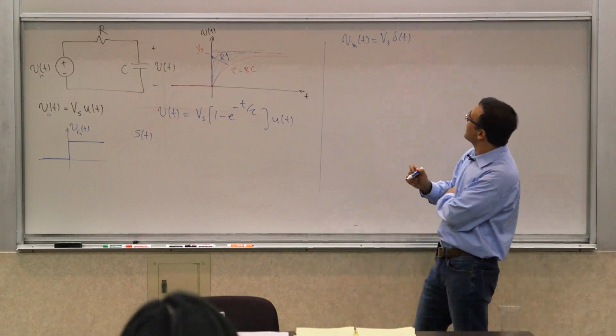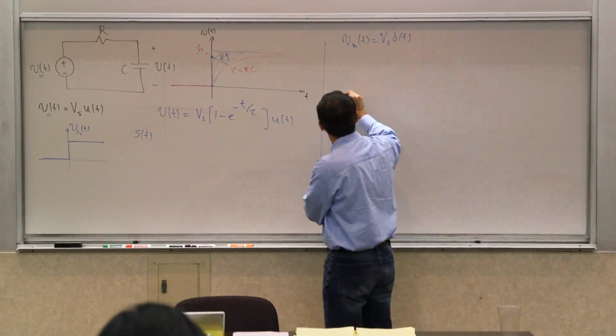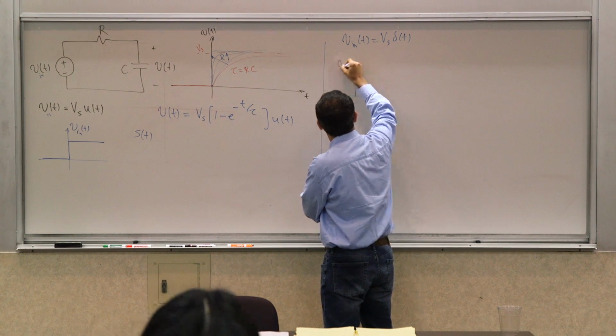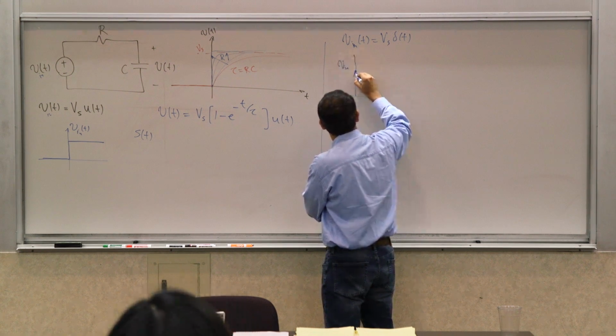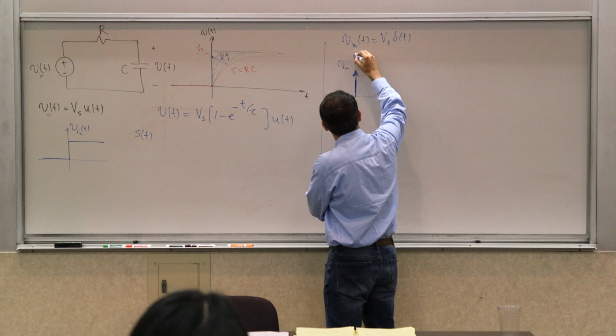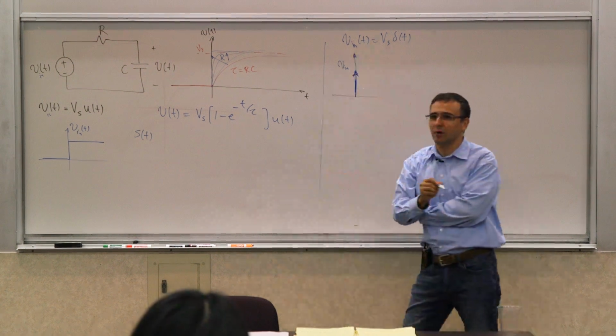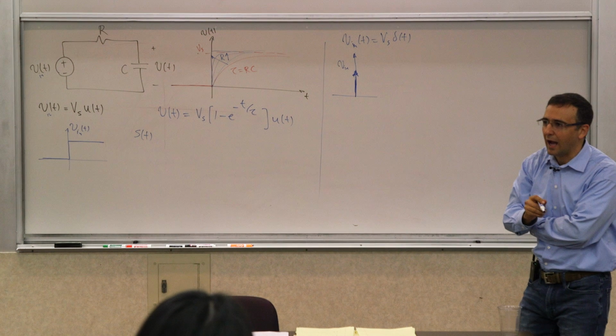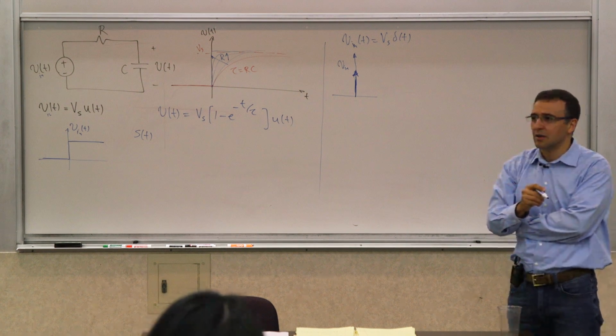But other than that, if I hit it with an impulse, so my V in of t is an impulse, how do I calculate the impulse response in this circuit? How do I find what the V of t is?